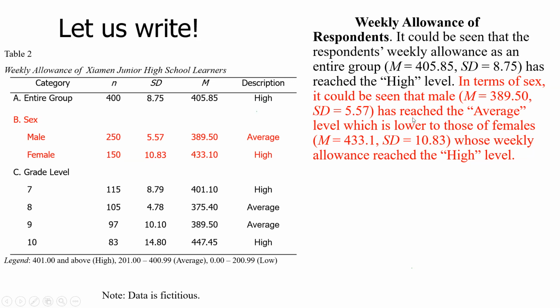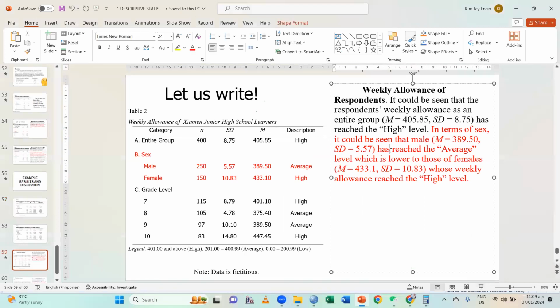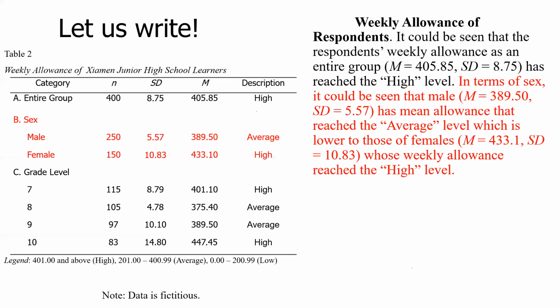the mean and standard deviation of males, which has reached the average level, has a mean allowance that reached the average level, which is lower.